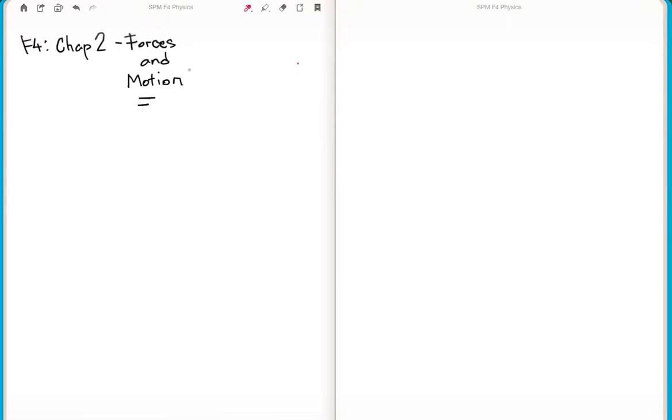So, how about motion? In motion, there are two. One is linear motion, meaning an object moves in a straight line, from one point to another. Okay, that's linear, the straight line.